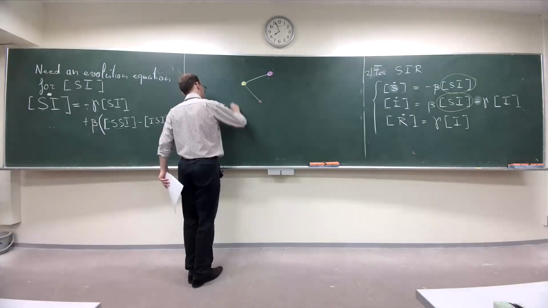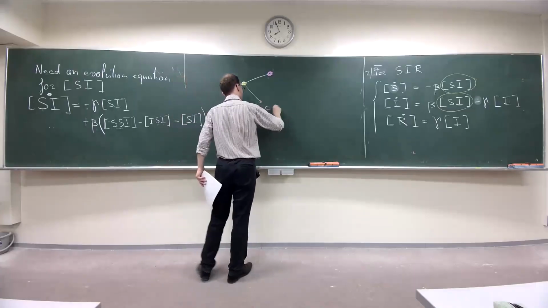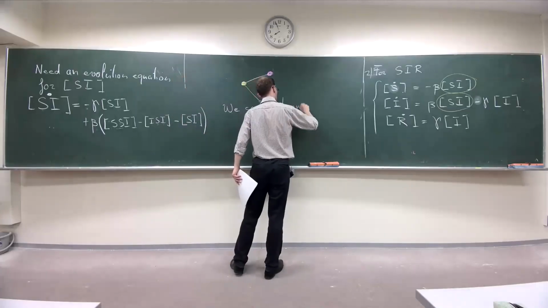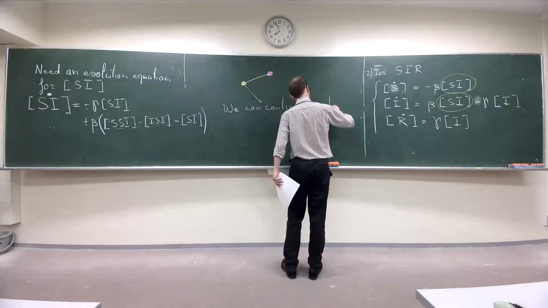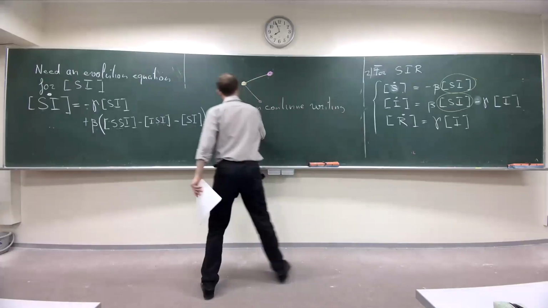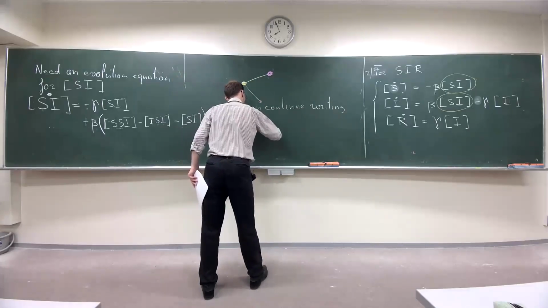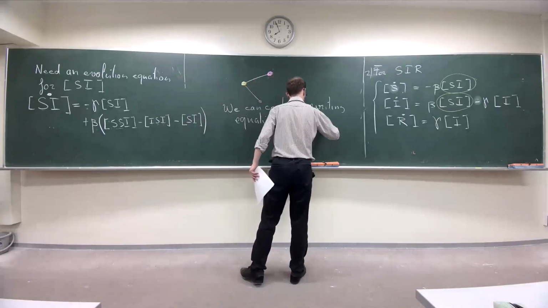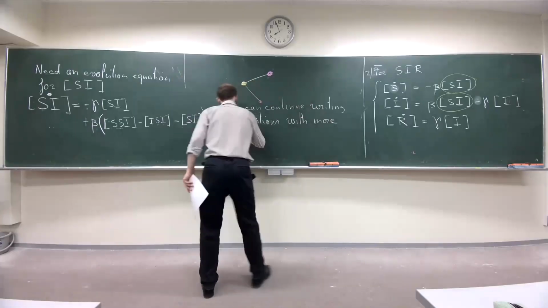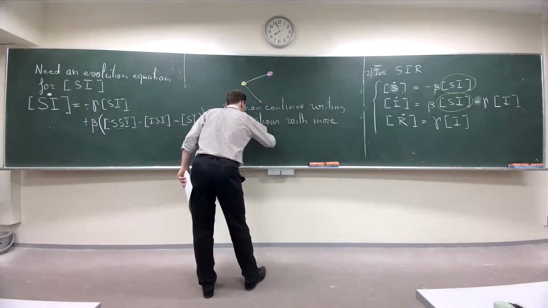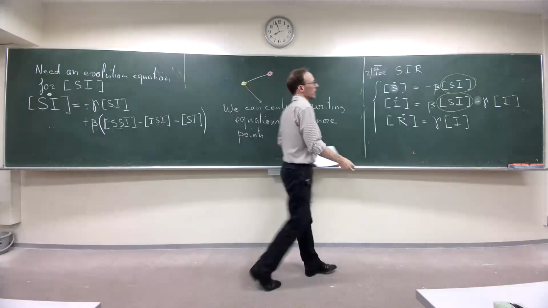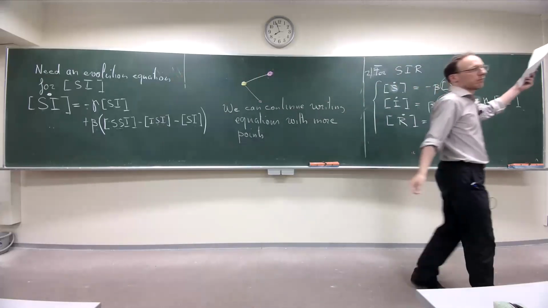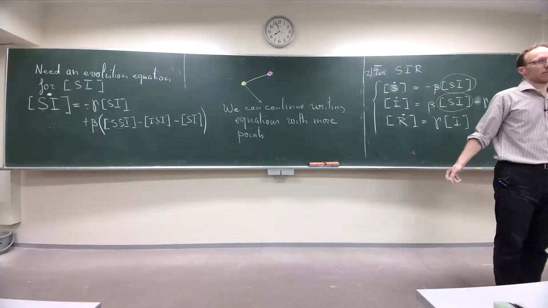We can continue writing equations with more and more points. But of course, you are not going to do this forever, because if you do it forever, you are back to the 3n equations.